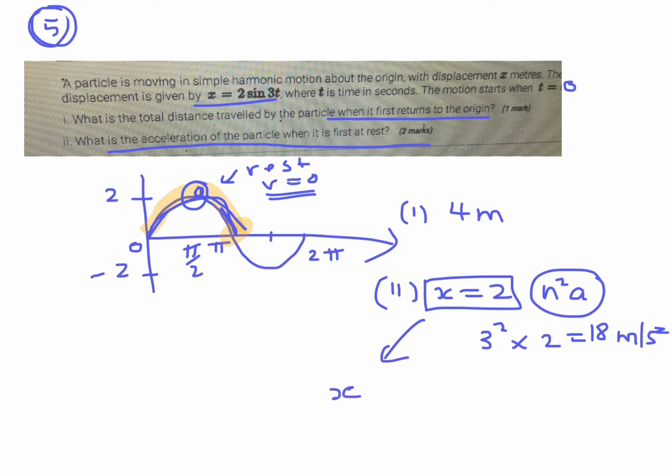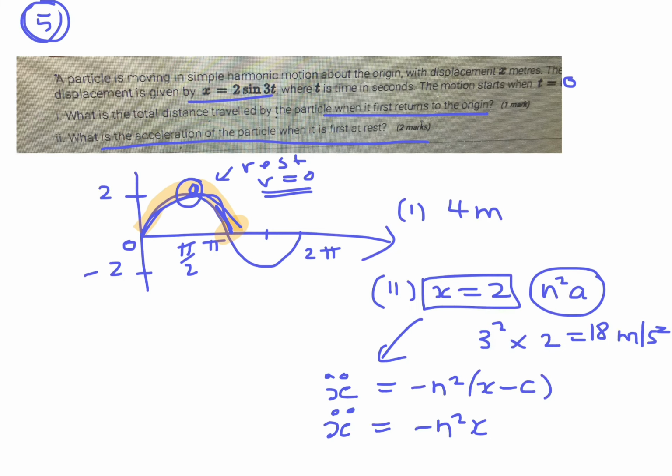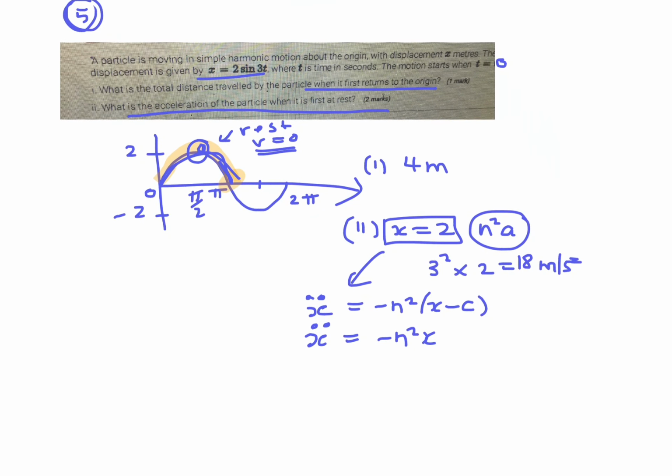If you did it the traditional way, you would know that this would be x double dot equals minus n squared times x minus c. So it's x double dot equals c minus n squared x. The c is 0, because we know that it's not shifted anyway. So it's minus n squared. Now I'm just going to be careful of the signs here, because I didn't really pick up on that there.